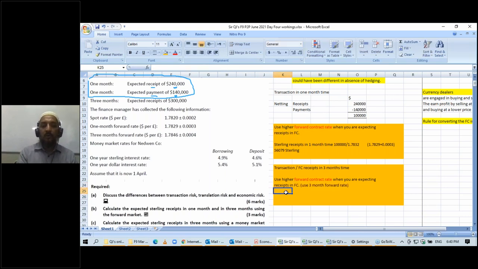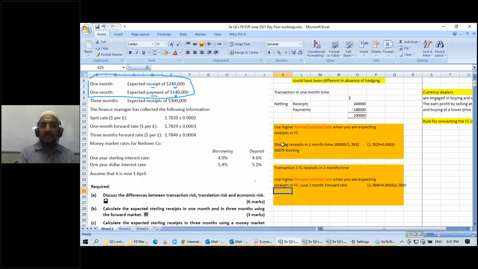So the 3-month forward rate will be 1.7846 plus 0.0004, and this makes 1.7850. This is the higher forward rate in 3 months' time.